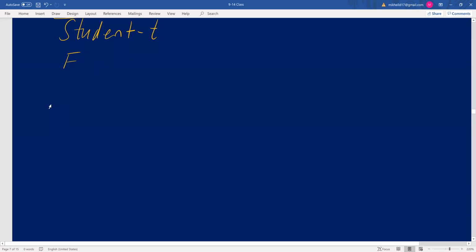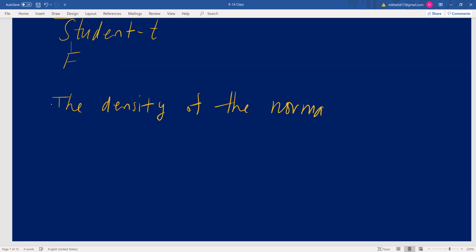The normal distribution function looks like this. The density of the normal distribution looks like a bell.